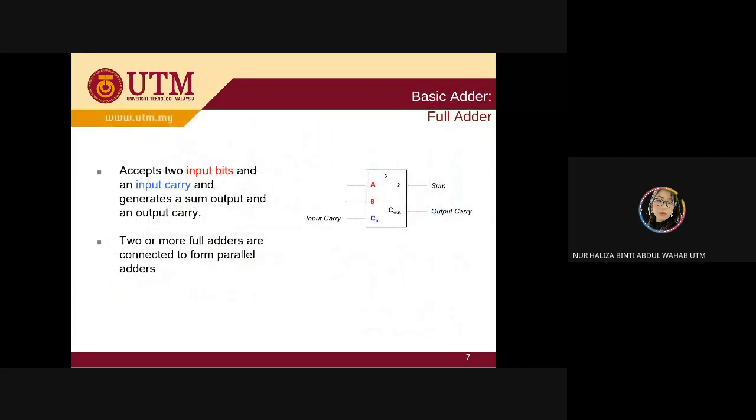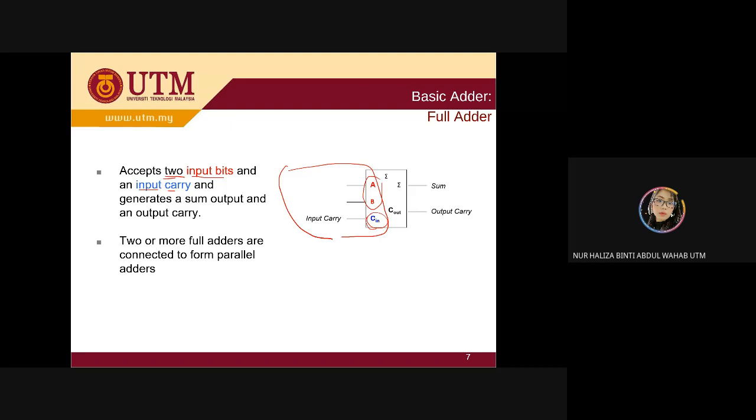For full adder, normally it's going to be two inputs and an input carry. That means you have two inputs there and there is another input carry. All together, this is called input.